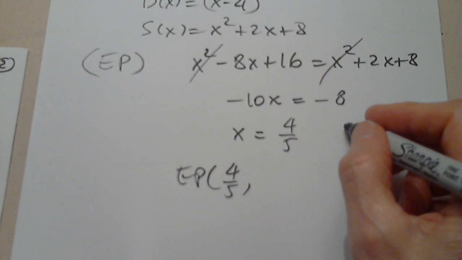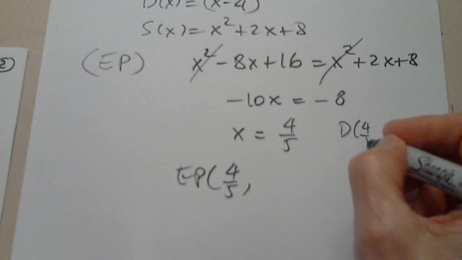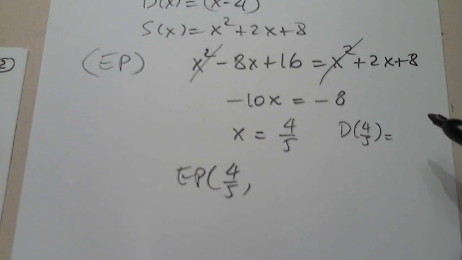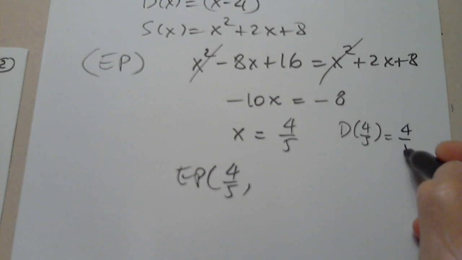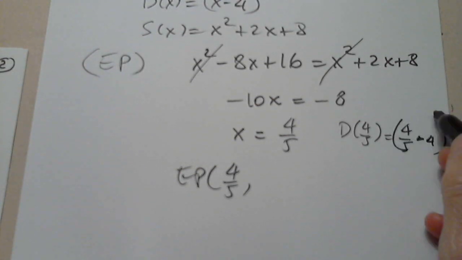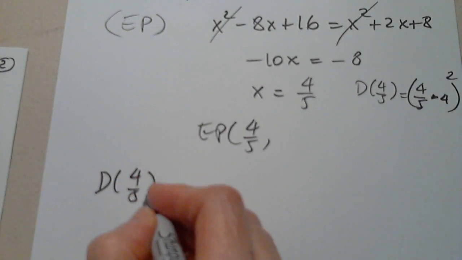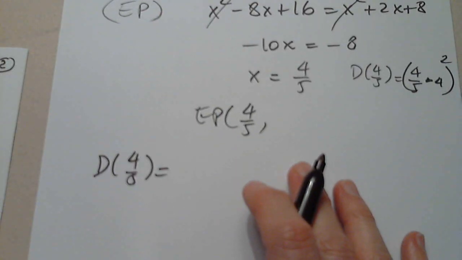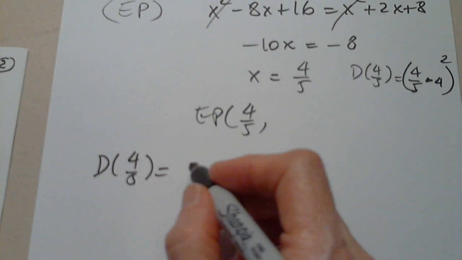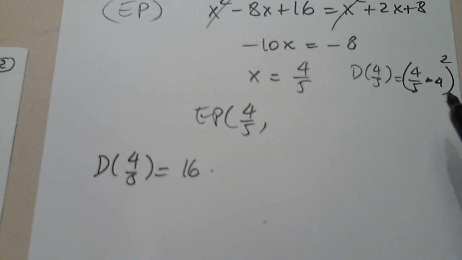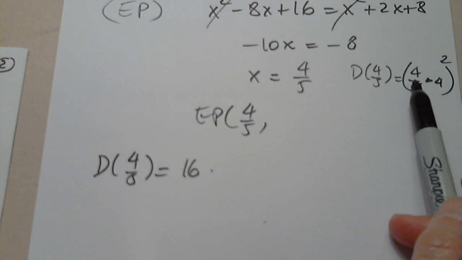4/5, so a d of 4/5. So 4/5 minus 4. Everything squared. What is that? So 16, what is this?